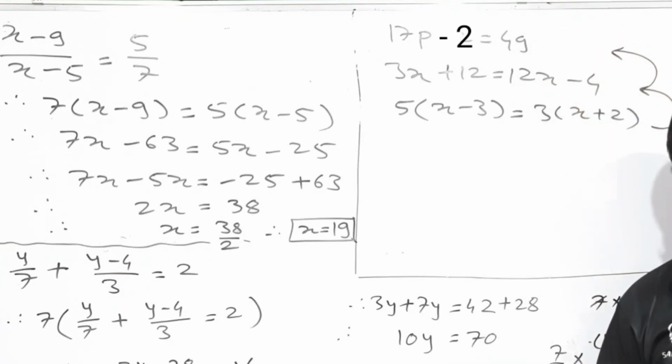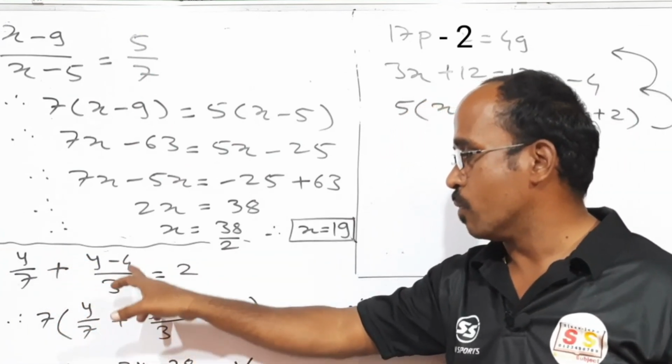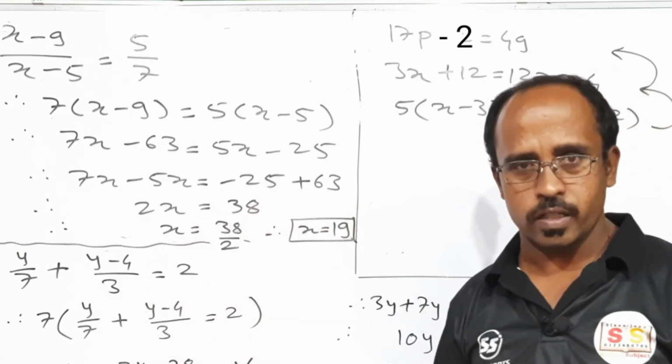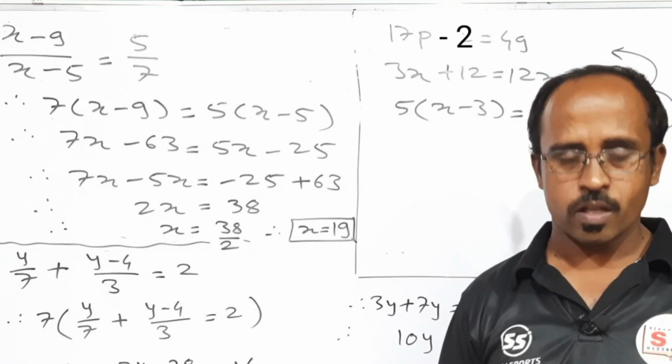Then we solved equations which contain denominators. We solved an equation like this: y upon 7 plus (y minus 3) upon 4 is equal to 2. To solve the equations with denominators, we multiply the equation by the denominators.